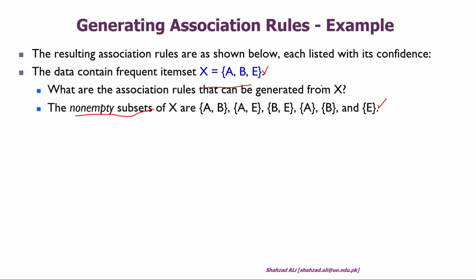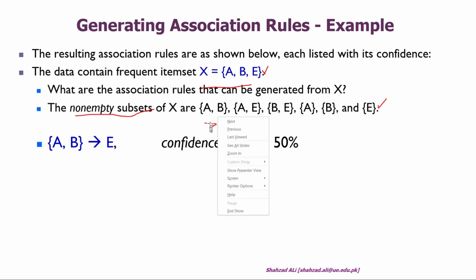And what is the next step? Next step is we have to generate rules. These are S. Now we have to calculate I minus S to make rules like this.